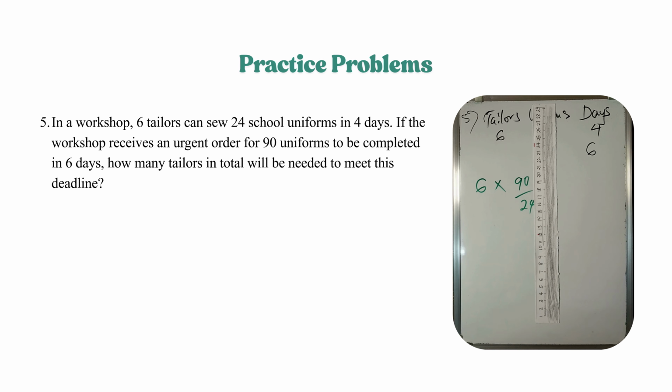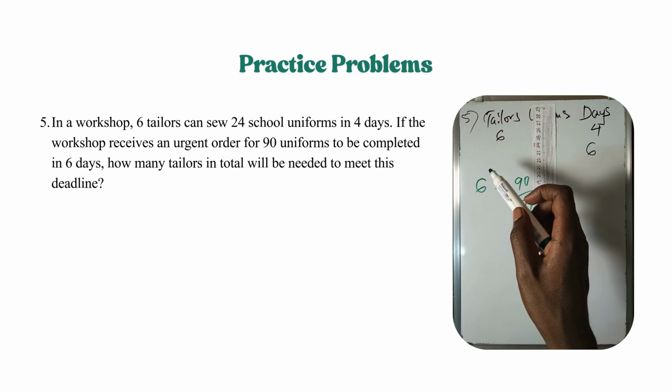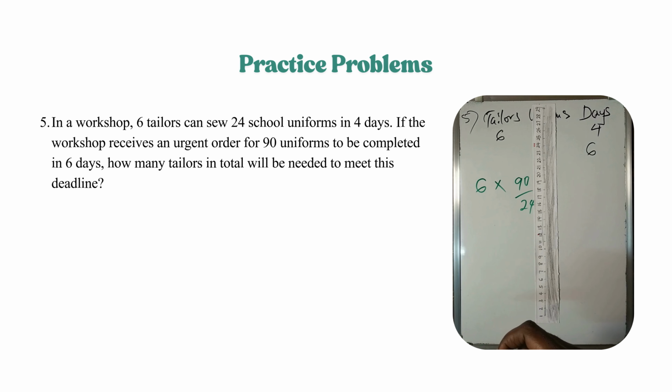It's common sense that if you want to take more days, then you'll have to decrease the number of tailors. So we are expecting fewer tailors to take more days and more tailors to take less days. So since we have more days here, we expect the number of tailors to decrease.